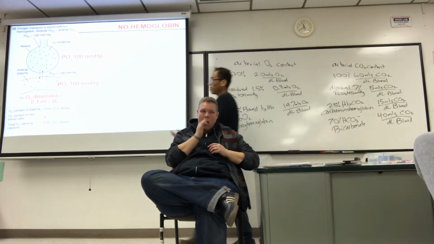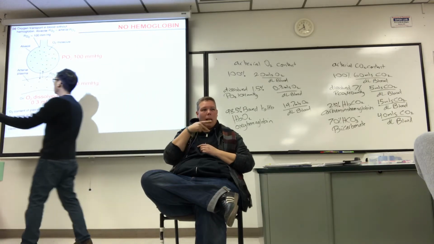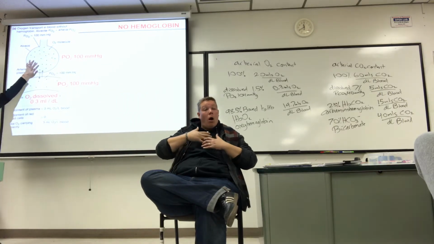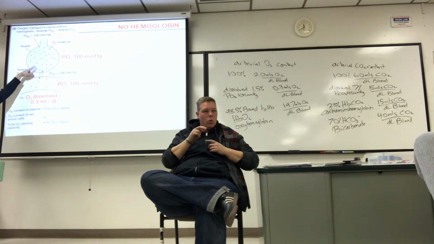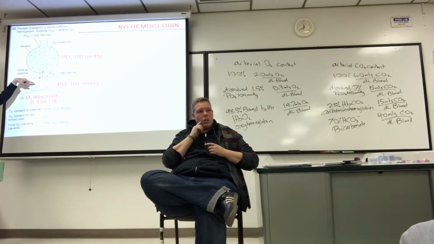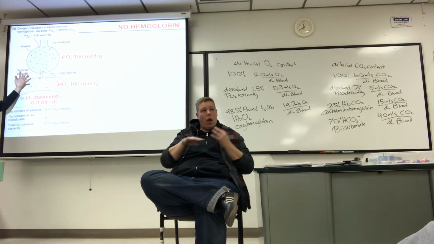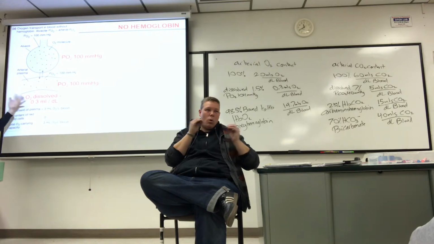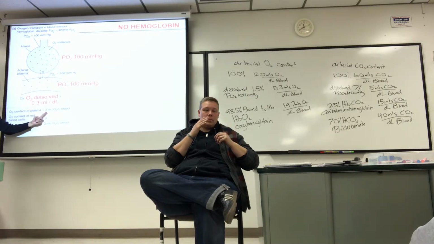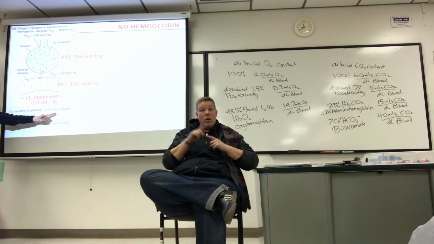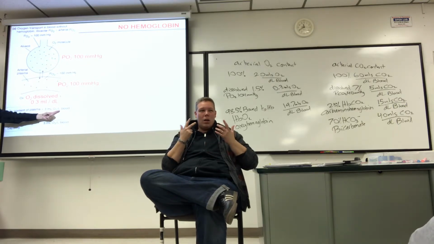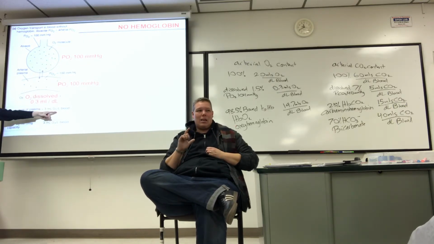What happens then? Well, then you breathe, you keep a PO2 of about 100 in the alveolar space. All it can do is equilibrate, so then you get a PO2 of 100 in the blood. So then that's only our 0.3. This figure says it's 3 because they use liters instead of deciliters like I did, so it's off by a factor of 10, but it's the same thing.